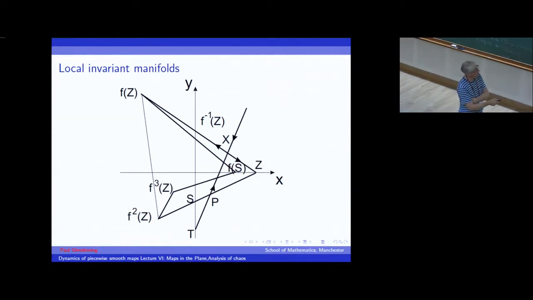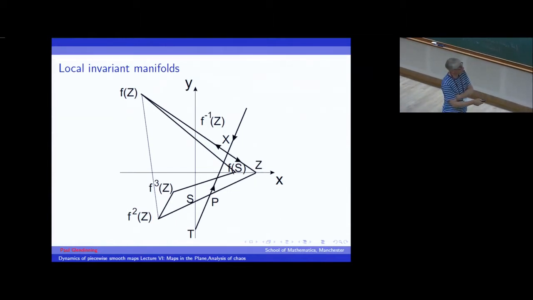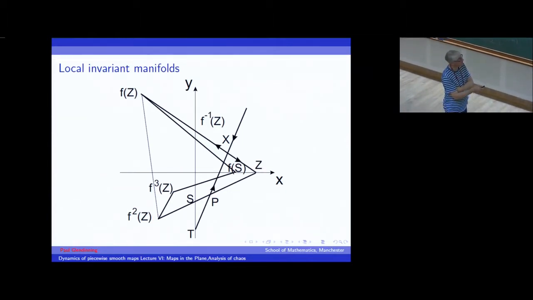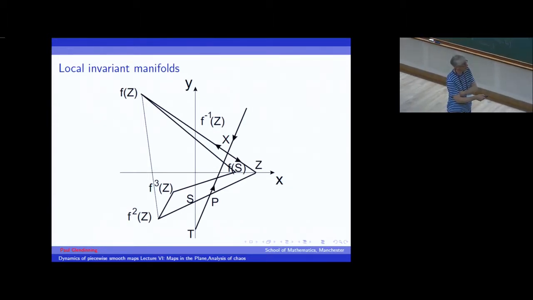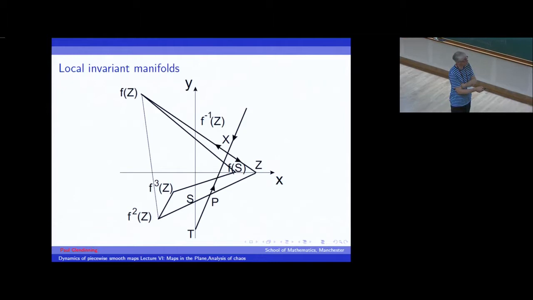We want to know where bits of it go. So this triangle actually splits into two parts, a quadrilateral on the left and a triangle on the right. Now S is on the y-axis, the boundary, so it will map to the x-axis. It's on the left, the way I've drawn it, of this line.